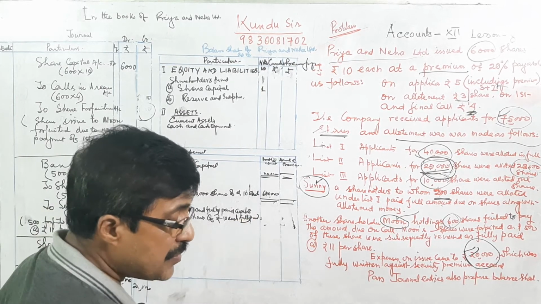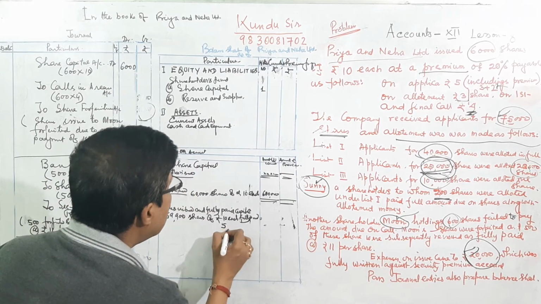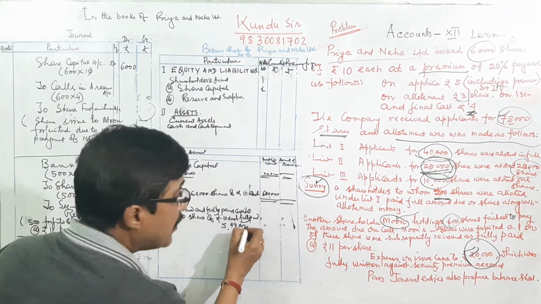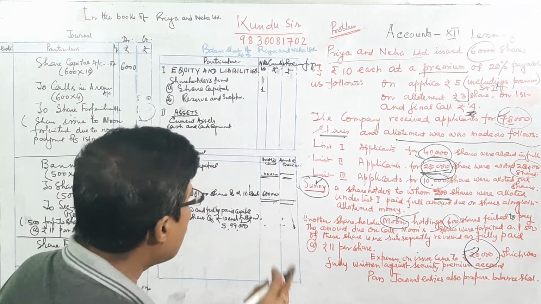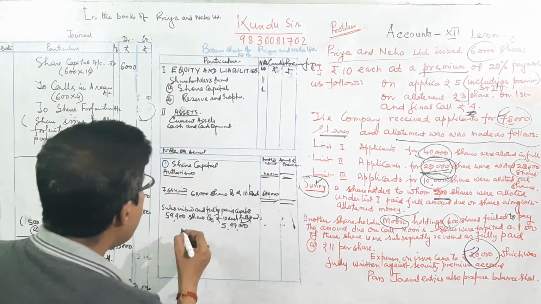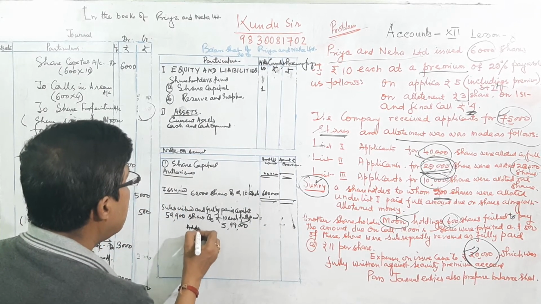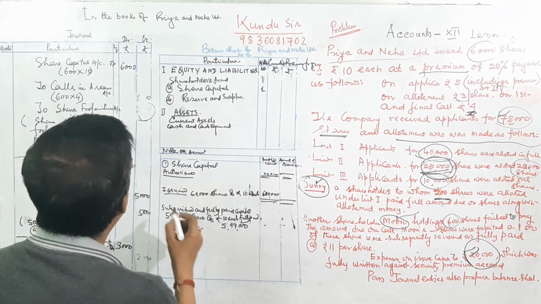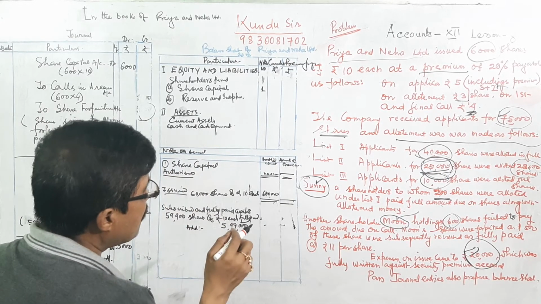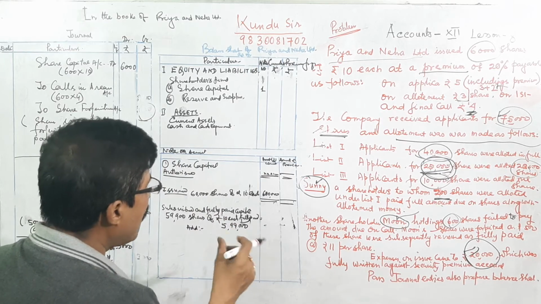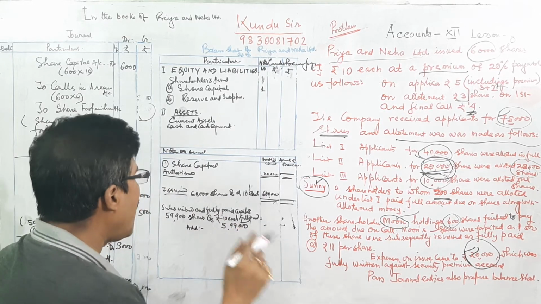How much is it? 5,99,000. Add share forfeiture account. The share forfeiture account has 600 still lying.